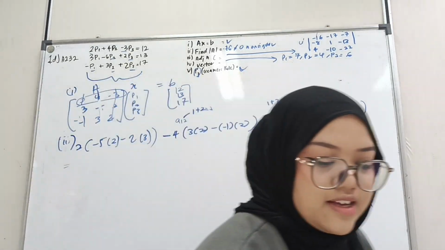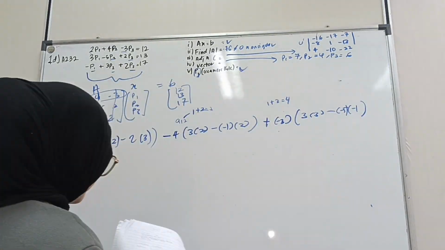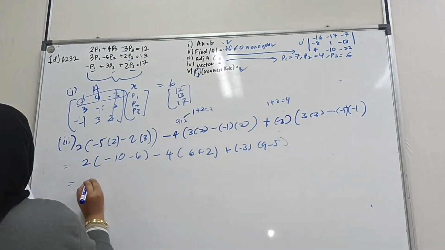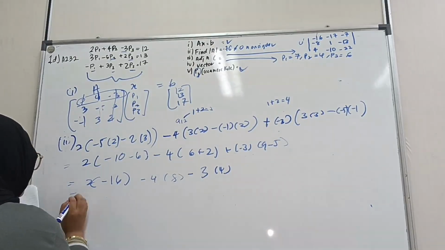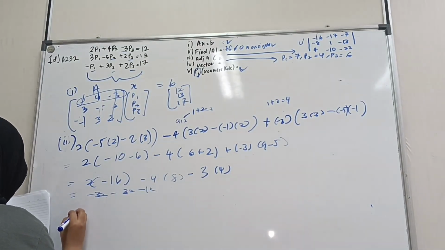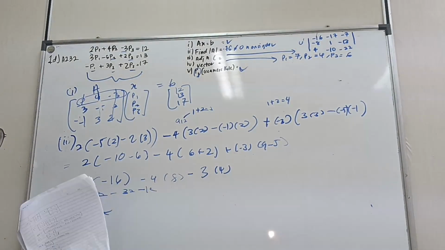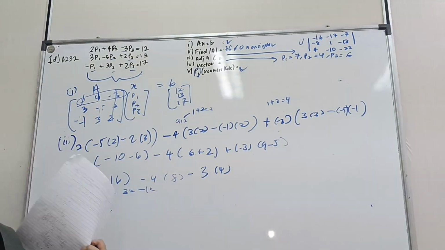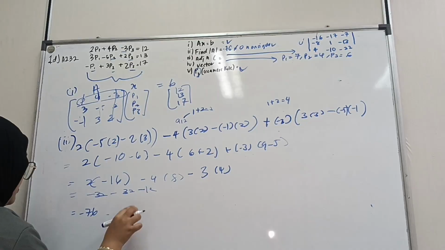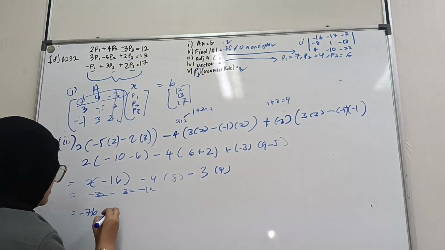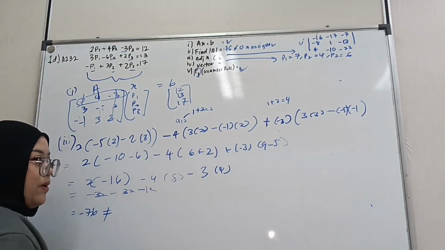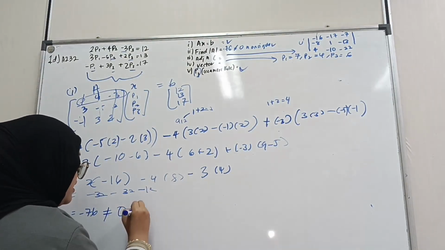So easy, right? After that, we resolve it. The last one is -76. We put it right there beside the -76, which is not equal to 0, because it is non-singular.